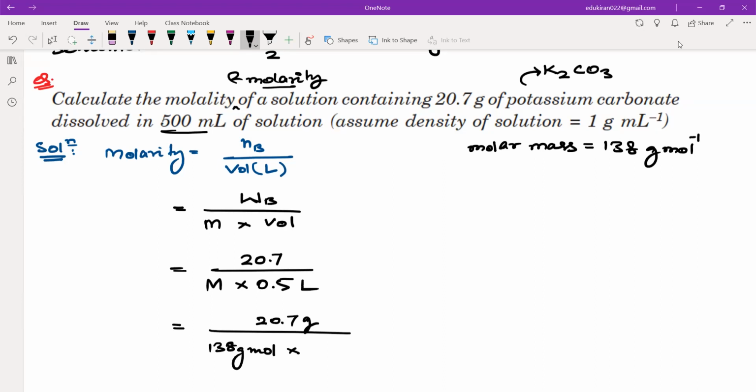Rather than writing 0.5, I will write it as 1/2 liters. So grams and grams cancel out, and then you have 20.7 divided by 138 into 1/2 moles per liter. Please calculate this.